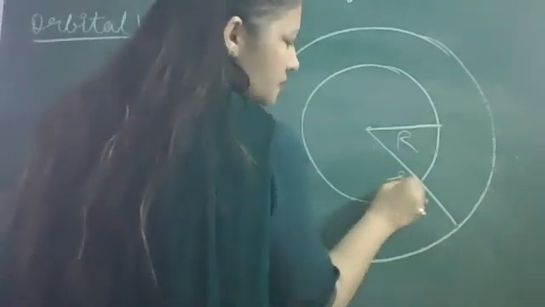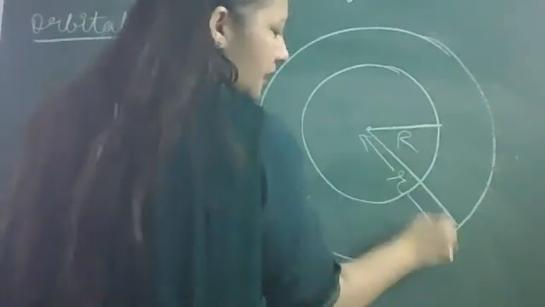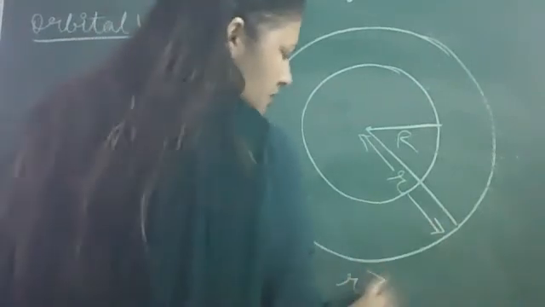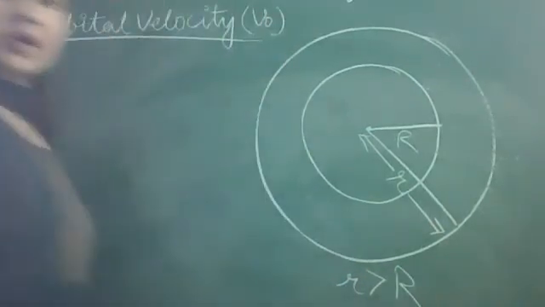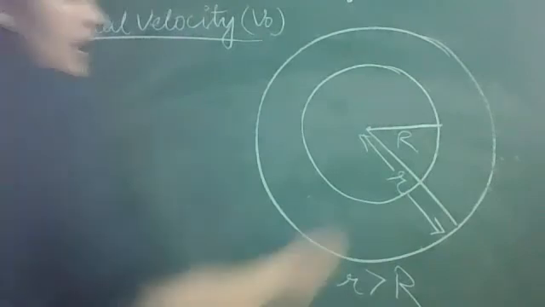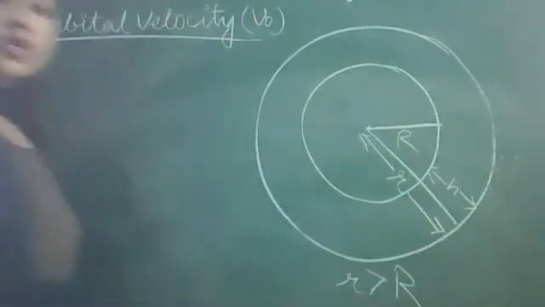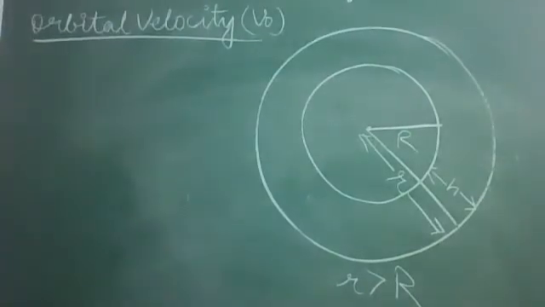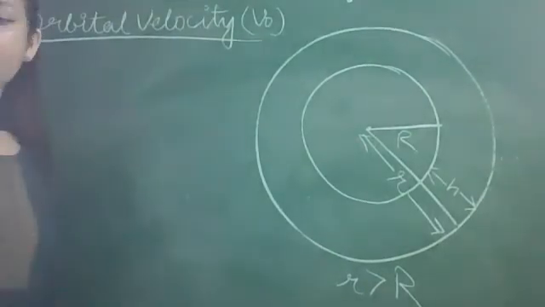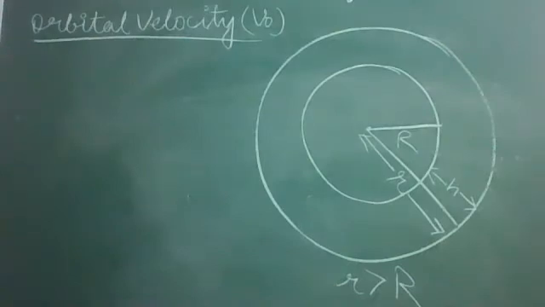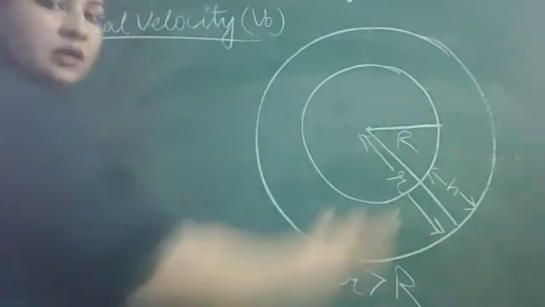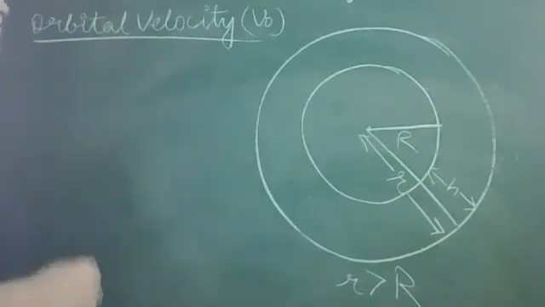Radius of orbit is small r, which is obviously greater than that of the planet. And its height from the surface of Earth is h. We will be finding that also. Is that clear? So first of all, let us find orbital velocity.